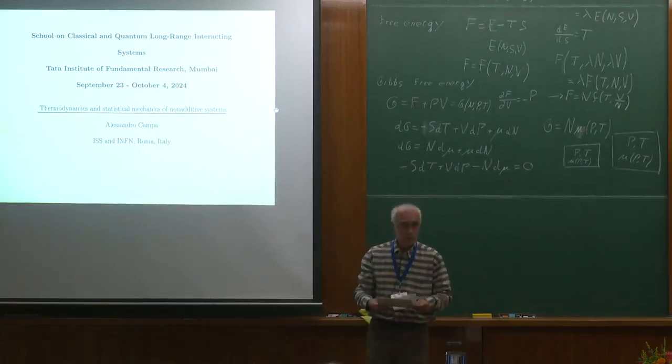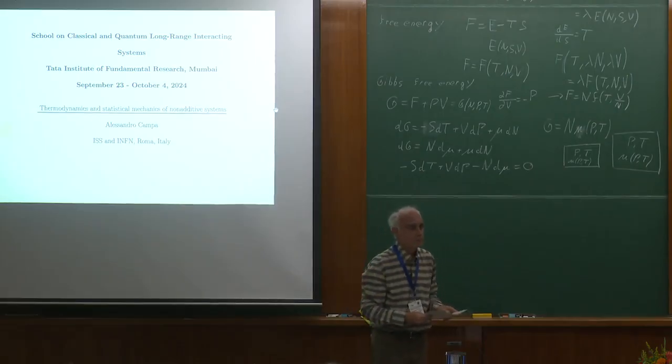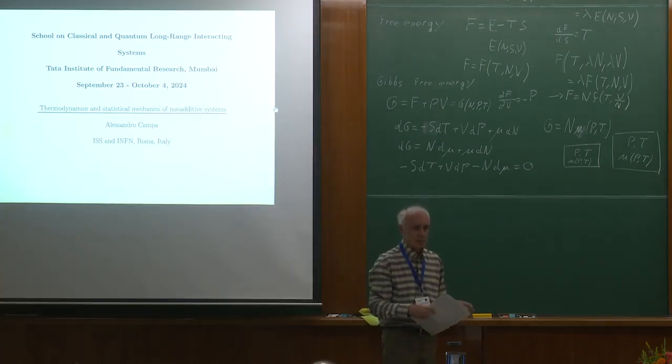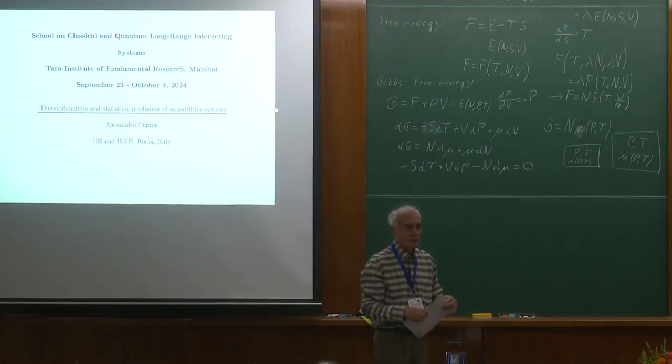Just one quick question. For the long-range systems that you're going to discuss, would it still be true that the average energy is extensive, or is there no such restriction? The average energy, no, it's not extensive. If you double the size, it will not be the double. But then somehow you have to demonstrate that you can still get stable macroscopic behavior, right?